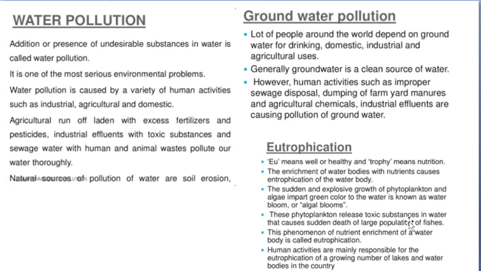And when there is an algal bloom, the sunlight cannot penetrate to the lower layers of the water body or that particular pond where eutrophication occurs. Then what will happen? The oxygen cannot mix properly in the water body, so the animals living inside the pond or in the lower layers will be devoid of oxygen, and gradually they will die.